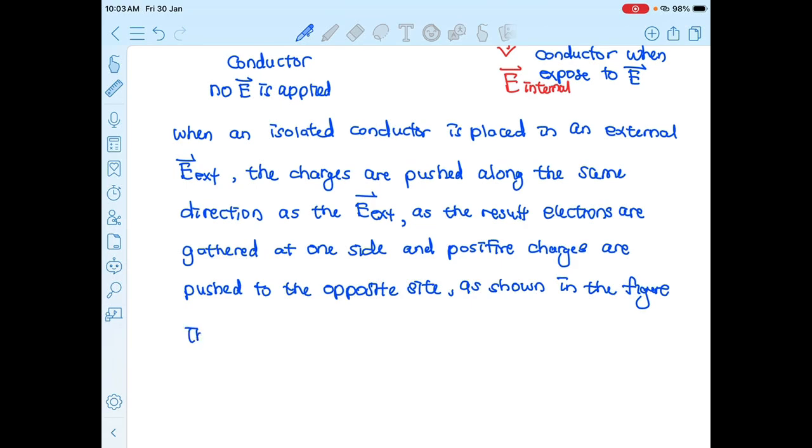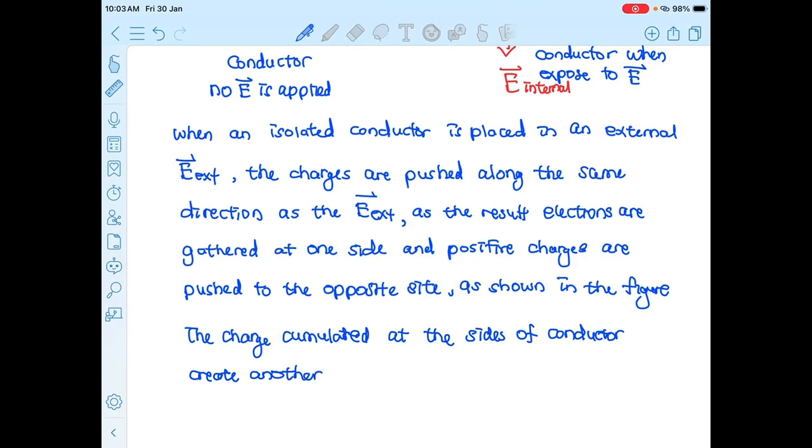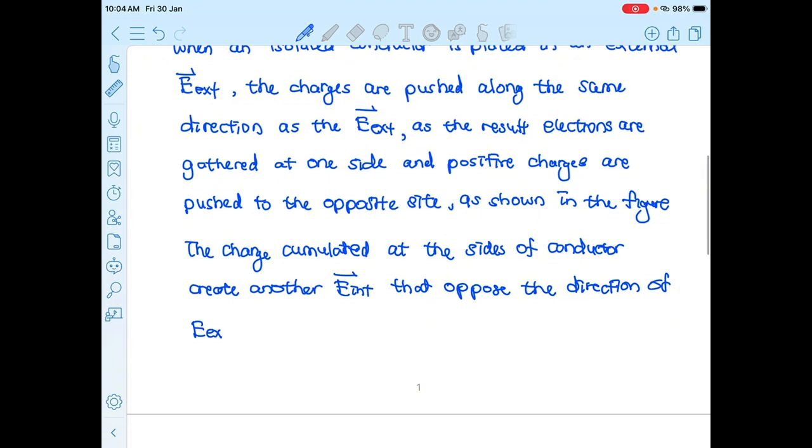The charges accumulated at the sides of the conductor create another internal electric field that opposes the direction of the external electric field.